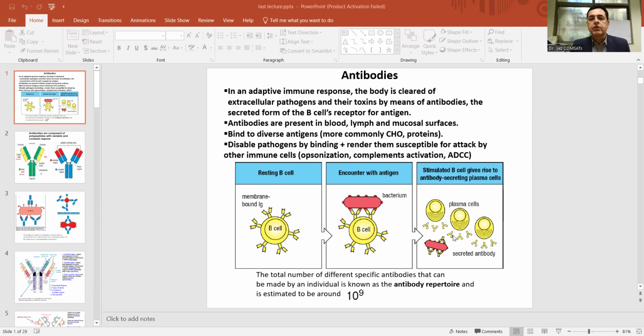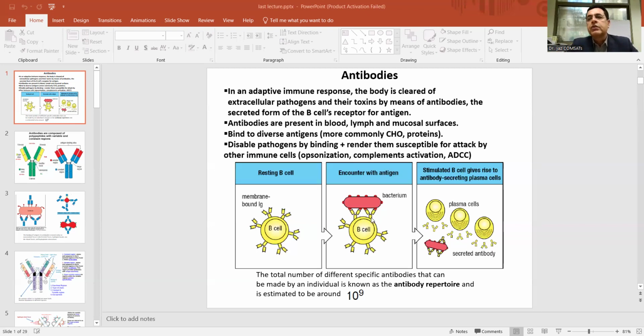The difference between the two is that the B cell receptor has a transmembrane anchor, which is produced when the B cell is going through this process of maturation, in the bone marrow, and then it is anchored into the B cell membrane.